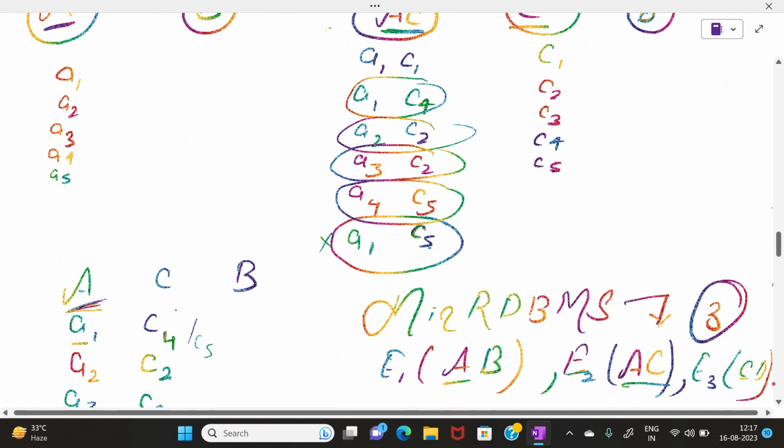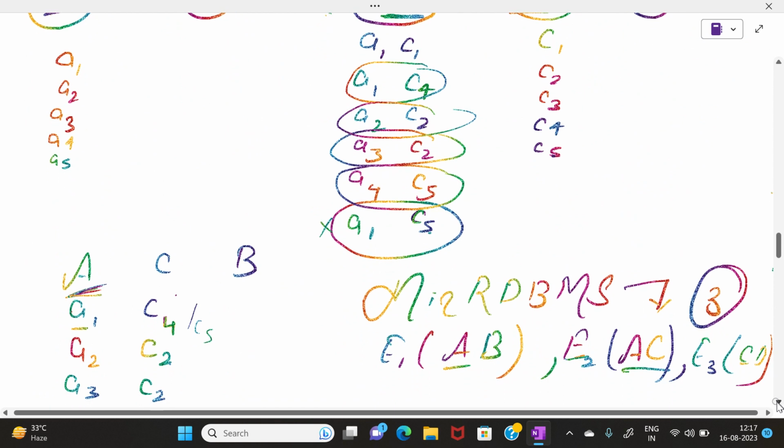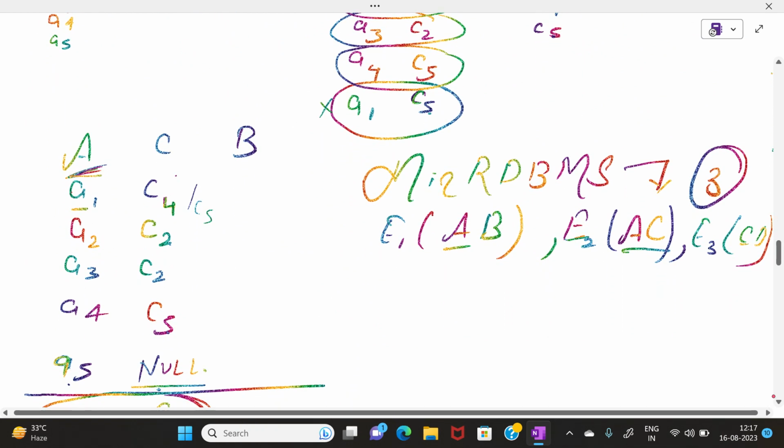When we try to combine them, like here you see A, C, B, then definitely we had this C2, C2 repetition again, because A3 is repeated related to C2, there is repetition of this value. And of course, if we introduce C1 here, then it will be null, so we can't have any primary key here also.